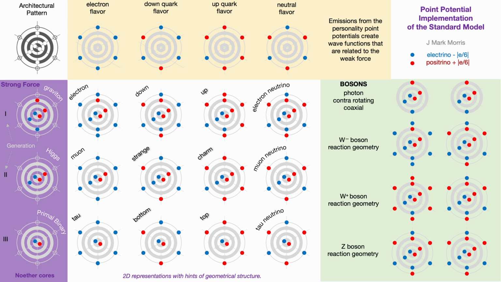The reason it's undetectable basically has three reasons. One, the frequency of the Higgs is so high that it's well beyond our ability to measure frequency. One other aspect is that point potentials are constant rate emitters.